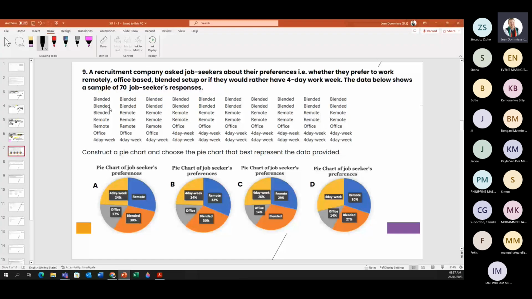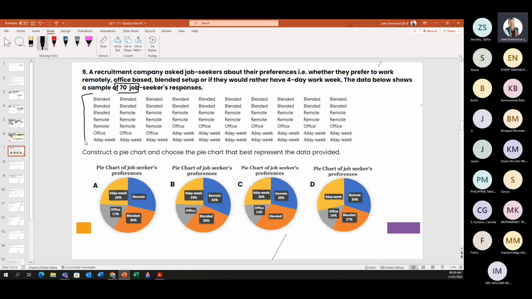Okay, so let's look at this. Let's look at the question. A recruitment company asks job seekers about their preferences, i.e., whether they prefer to work remotely, office-based, blended setup, or if they would rather have a 4-day week. Okay, so the data is below, and they tell us it's 70 job seekers.